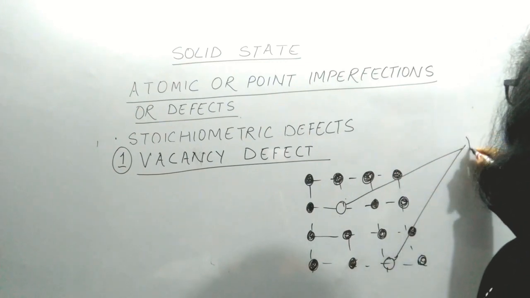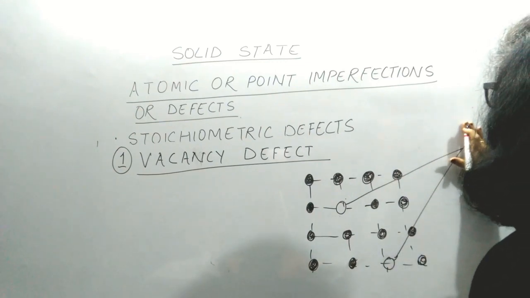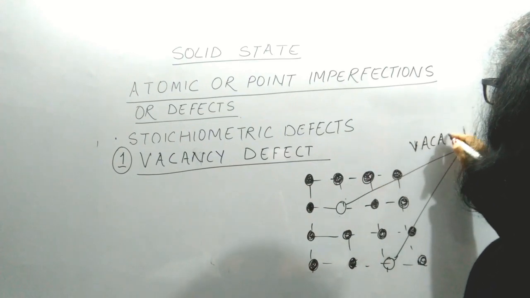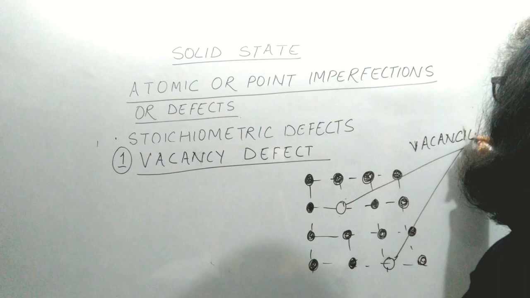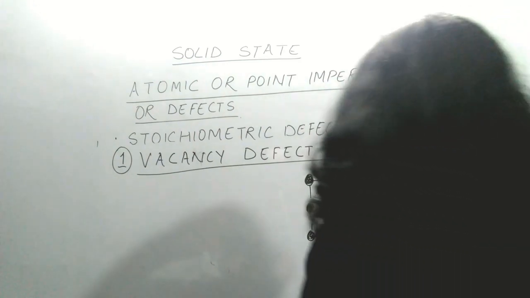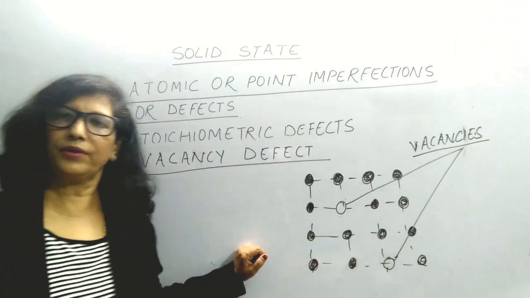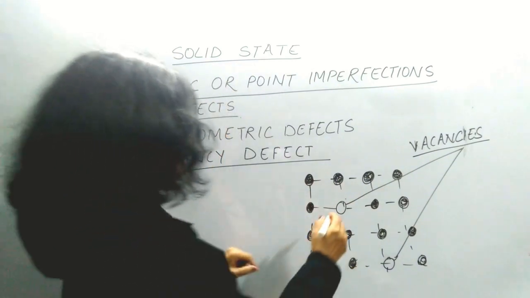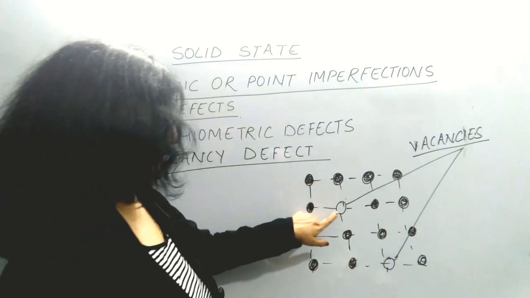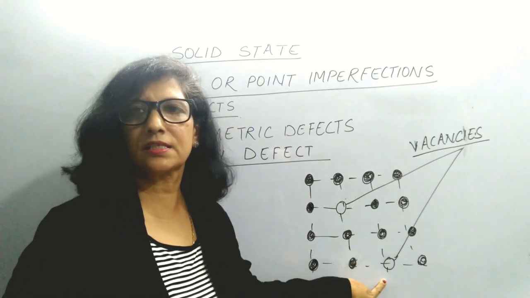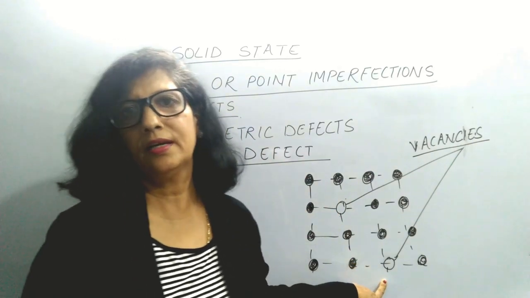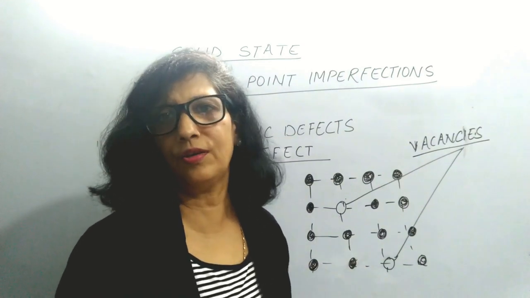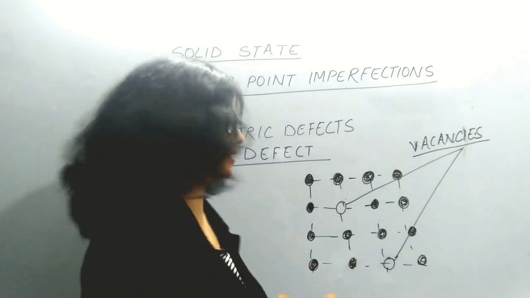So these are vacancies, and this is your vacancy defect. So what happens? We have seen here, this is your lattice and these are vacant sites. Some of the lattice sites are vacant. This defect arises. As a result, what will happen? Density of the solid will decrease.